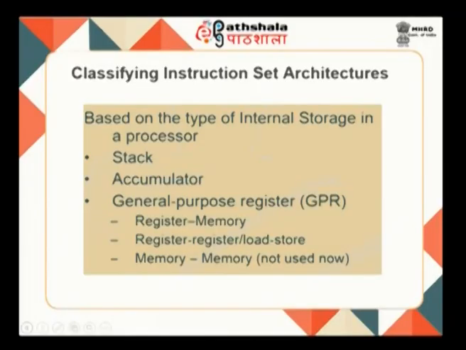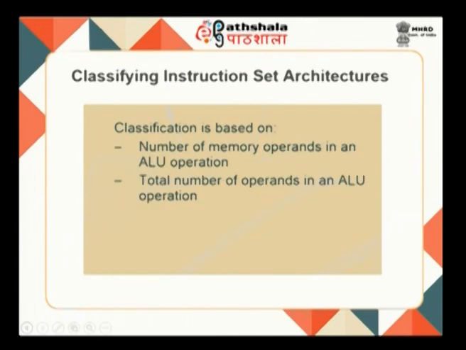All the RISC architectures follow the load store ISA. The classification is based on the number of memory operands in an ALU operation. In a memory ISA, all operands can be memory operands. In a register ISA, you cannot specify any of the operands as memory operands. In a register memory ISA, one of the operands can be specified as a memory location.